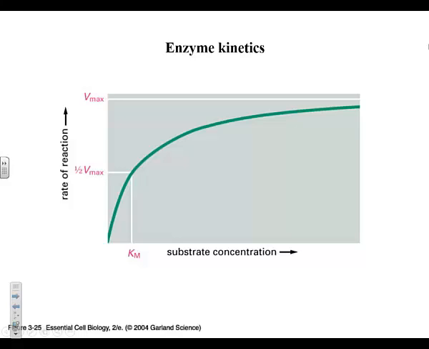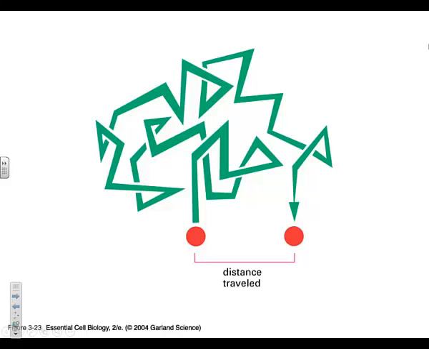Okay, so intuitively, if there's more substrate, then that random motion, even if it only travels a short distance, if there's a lot of substrate around in the cytosol, the chance of it connecting with one of those substrates is much greater, right?